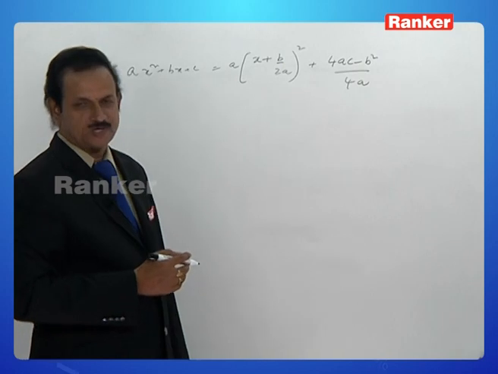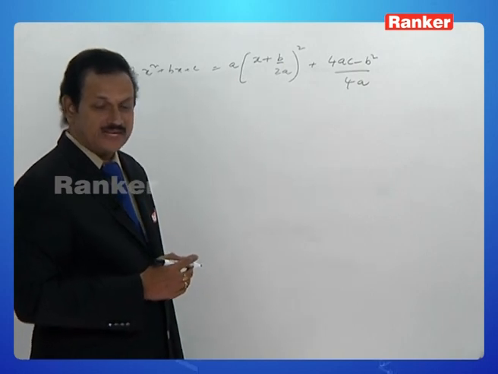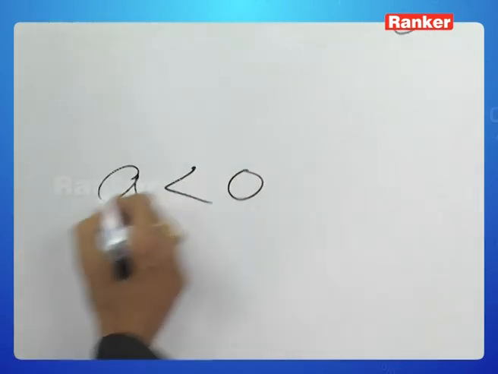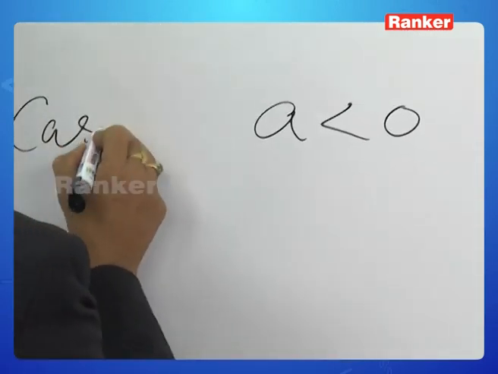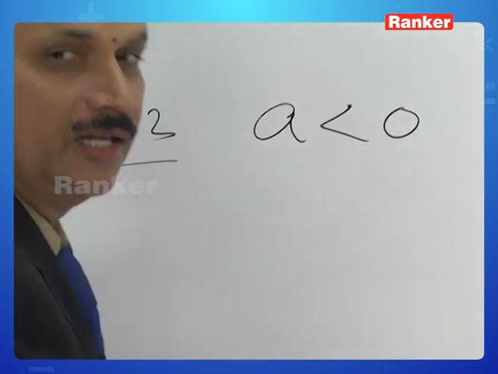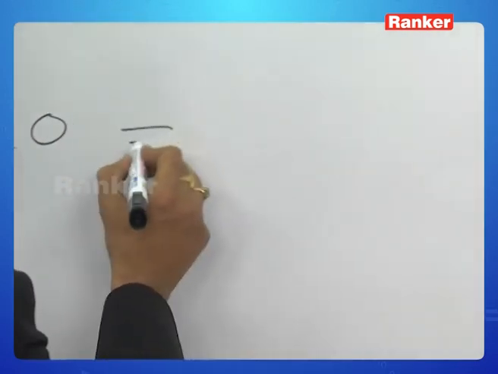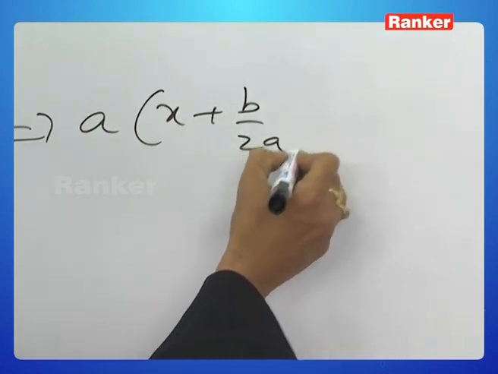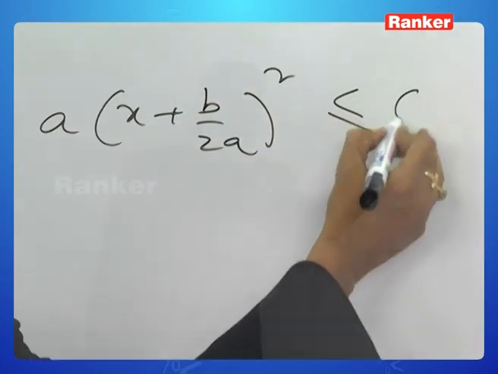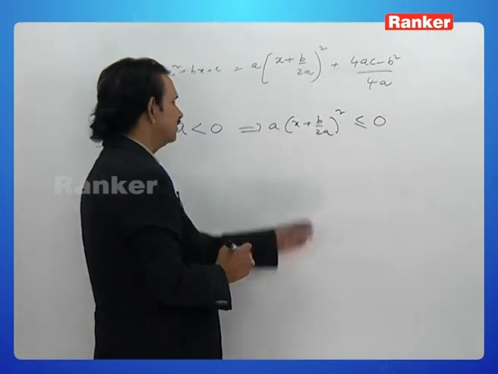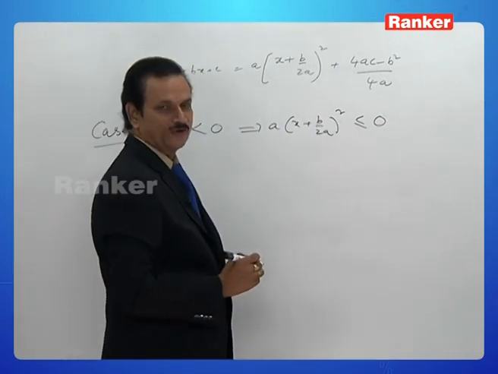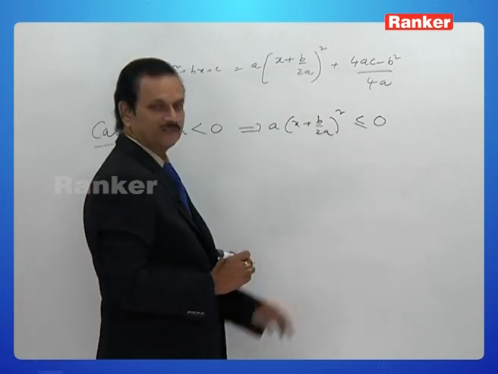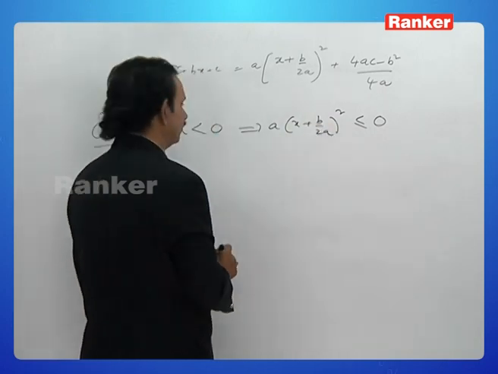It is now the time for us to deal with the case a less than 0. What happens when a is less than 0? That is the other case that we have to discuss. If a is less than 0, then a into (x plus b by 2a) whole square is less than or equal to 0. Why? Because (x plus b by 2a) whole square is non-negative. We are multiplying this with a negative number, so the inequality changes, less than or equal to 0.